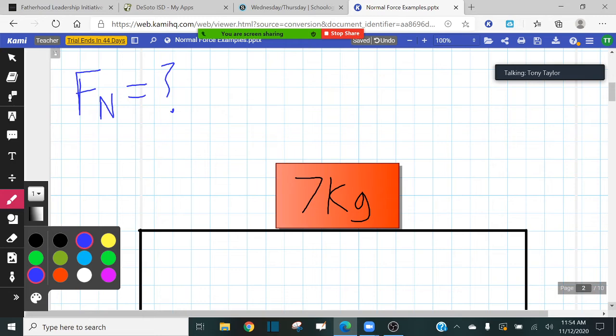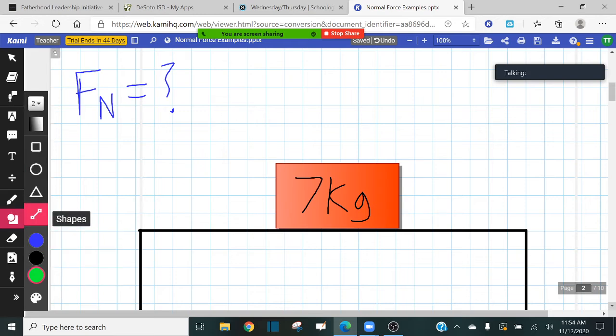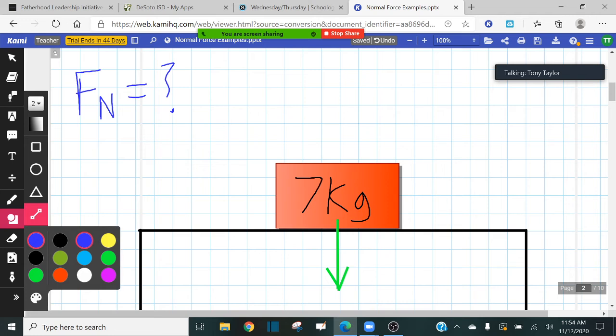In this example, we know that we have gravity acting straight downward. And we know the surface of the table is pushing up on the red box, and it's balancing gravity because the box is at rest, it's not moving.